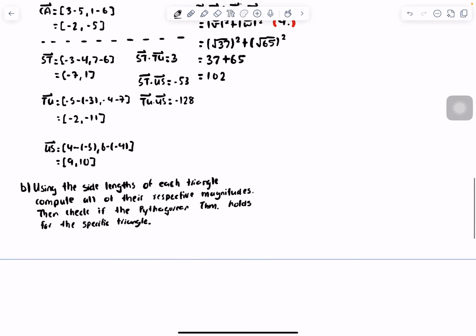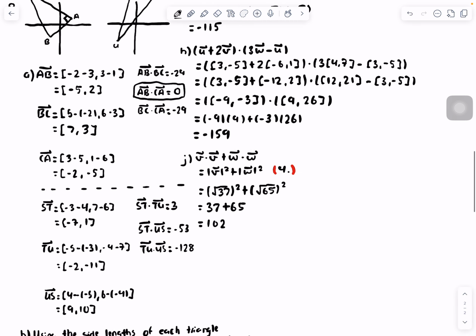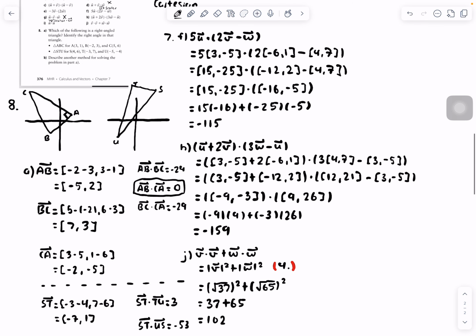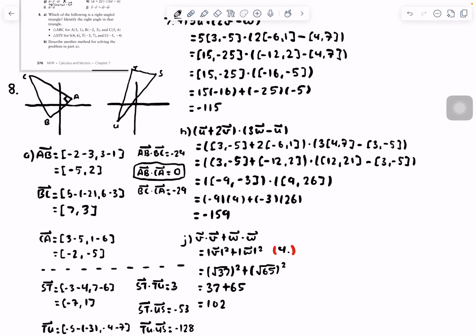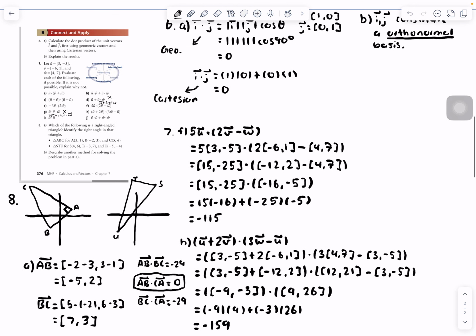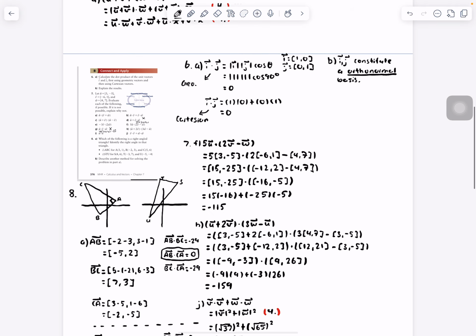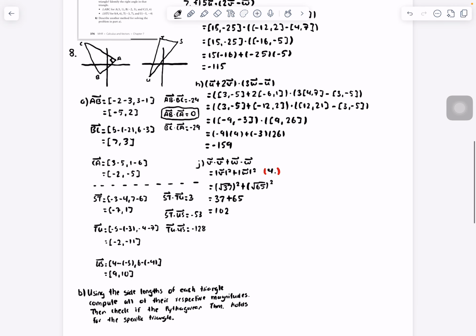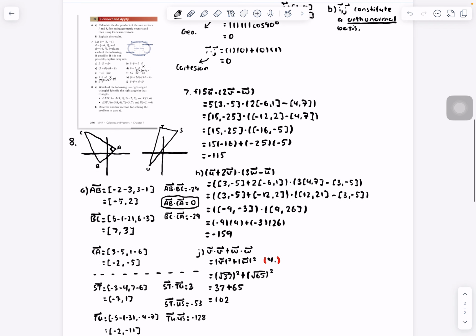So once you find the magnitudes of all the triangles, whichever one is the largest one will be your hypotenuse, and then you check to see if the other two squared will equal the hypotenuse squared, because that only ever holds for right angle triangles. If it doesn't hold, that means your triangle's not a right angle triangle, so there will be no right angle to find anyway. Good. That answers 6, 7, and 8. Quite long, sorry. We'll move on to the remaining problems in part 3. Thanks, guys.